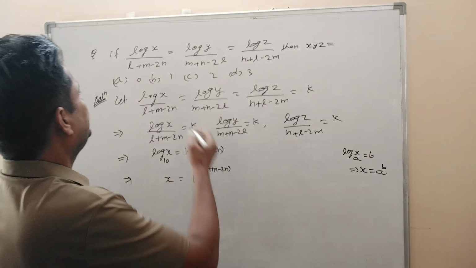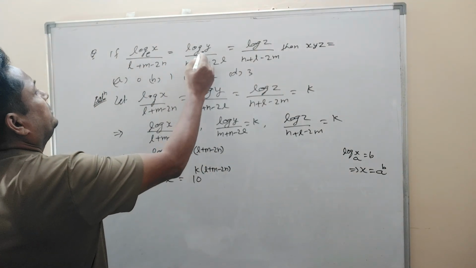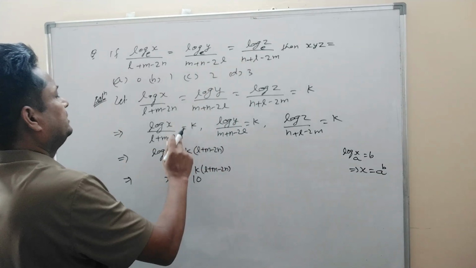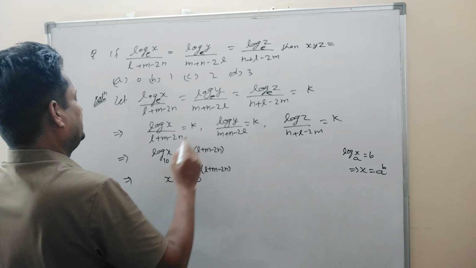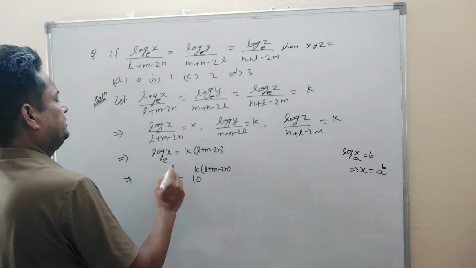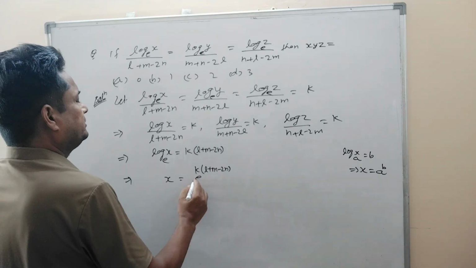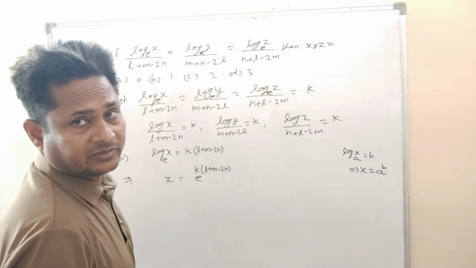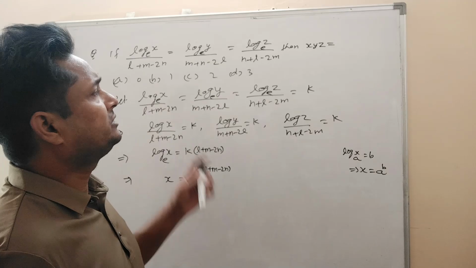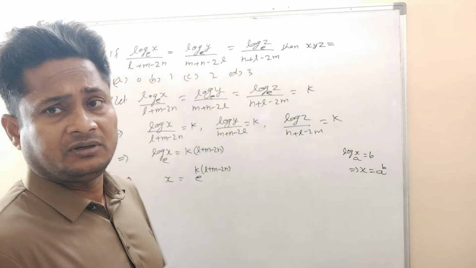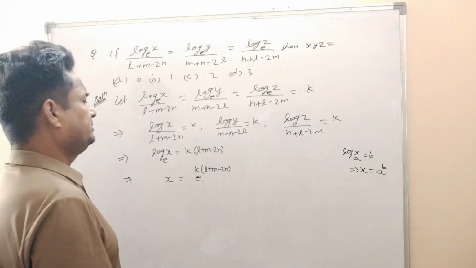Or let's say any base here, let's say base e is given. So base e, it can be written as e to the power this number. Any base you can take. If base is not given, then you have to assume log base 10.